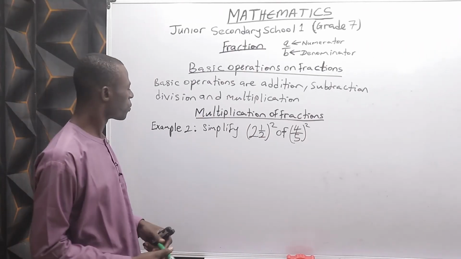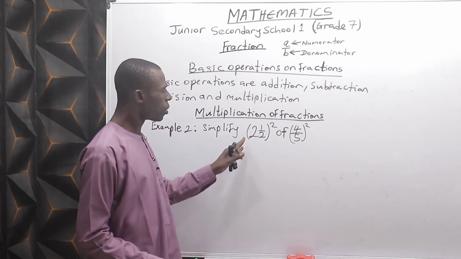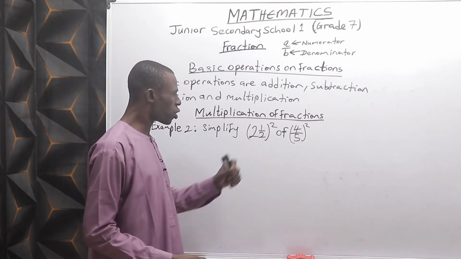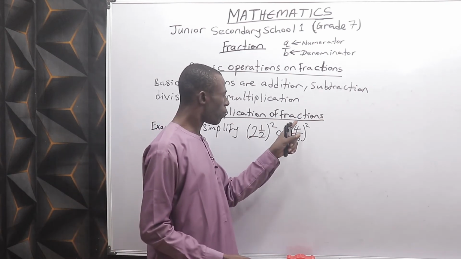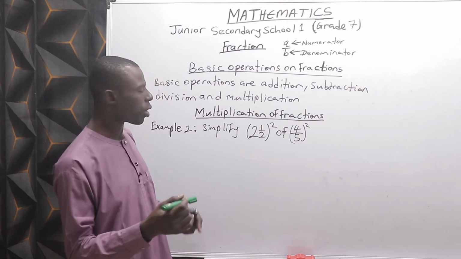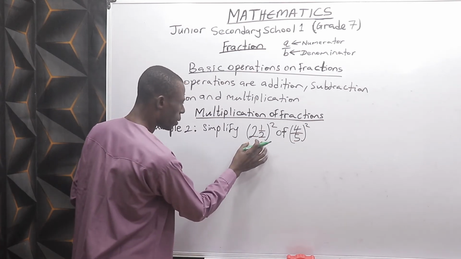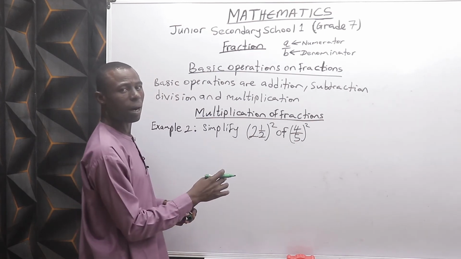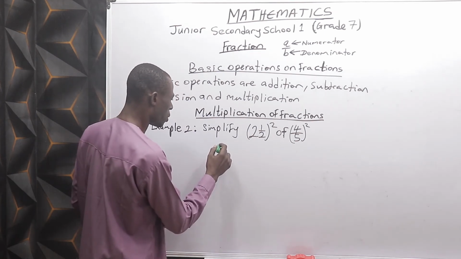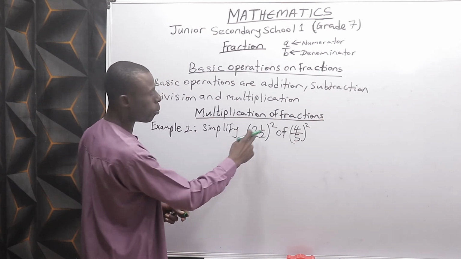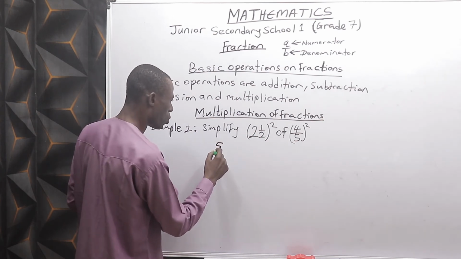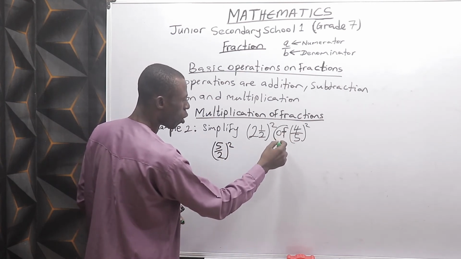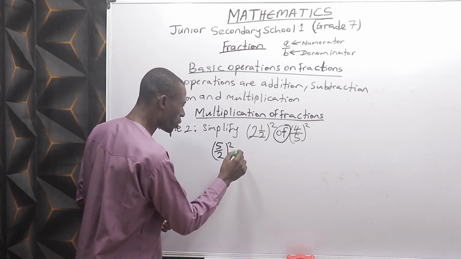Example 2. Simplify 2 whole number 1 over 2 in bracket, raised to power 2, of 4 over 5 in bracket, raised to power 2. Let's express the number in the bracket here as an improper fraction. 2 times 2 is 4, plus 1, that is 5 over 2, all raised to power 2. This word "of" means multiplication.